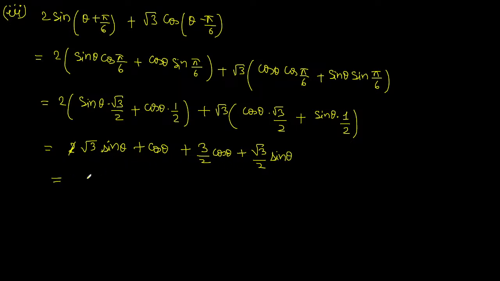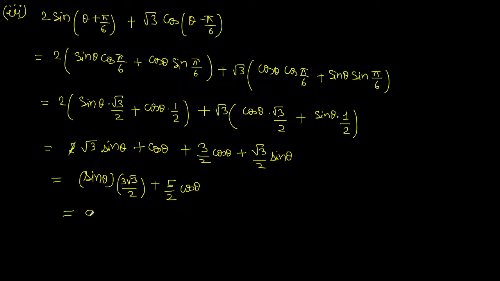If we add the sin theta terms, we get 3 root 3 by 2 sin theta plus 5 by 2 cos theta.